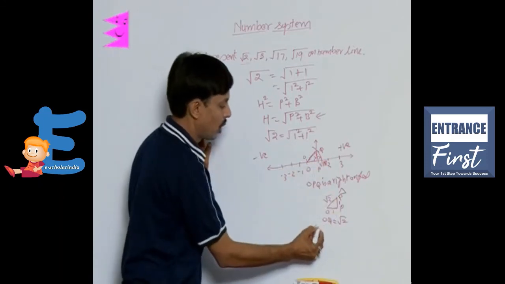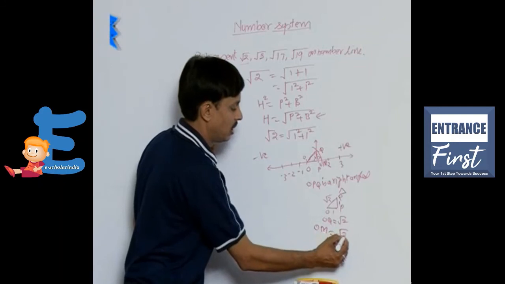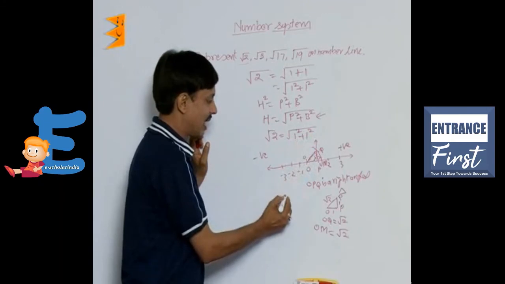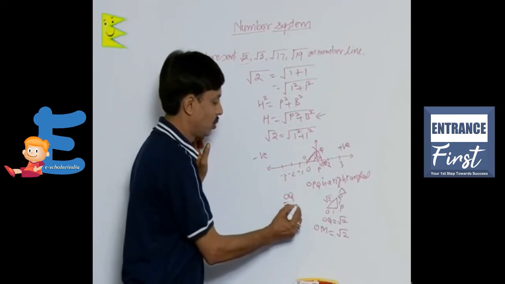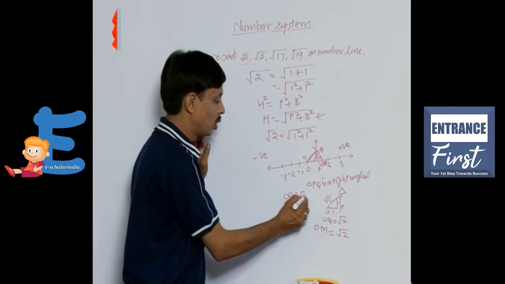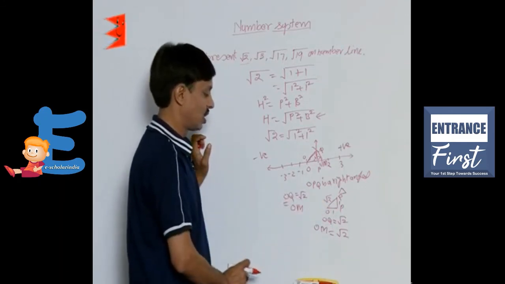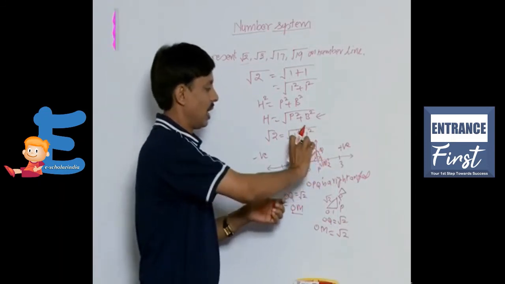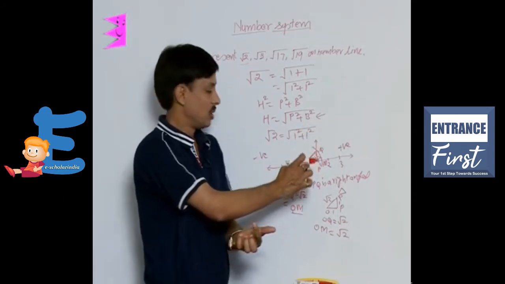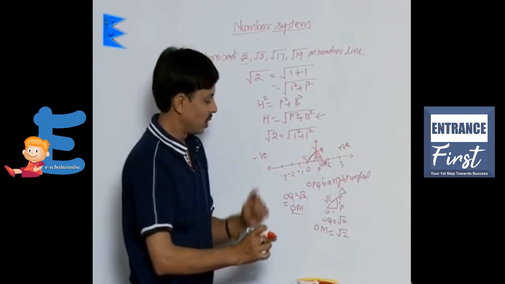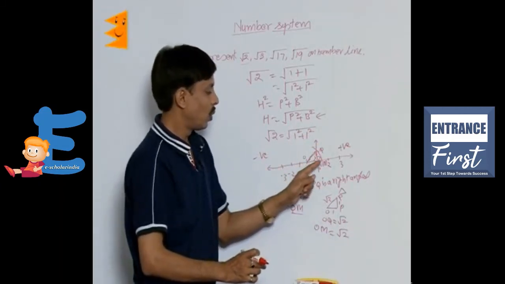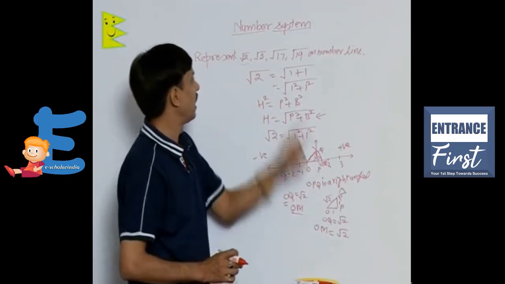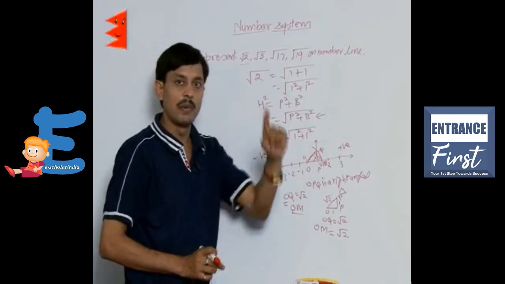This length OM on the number line represents root 2, because OQ is root 2 by the Pythagorean condition, and OM and OQ are equal because we have marked an arc with the compass, so the two radii are equal. So in this way, root 2 is OM. I have explained how to express root 2 on the number line.